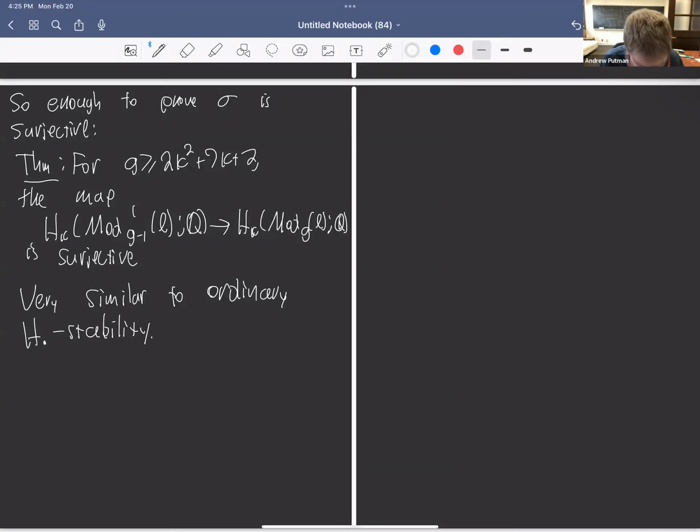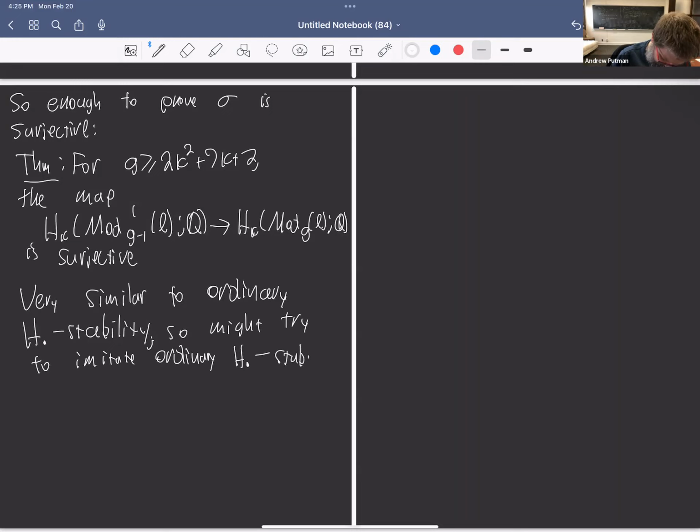So anyway, this is very similar to ordinary homological stability. And so the first idea you might have is let's try to imitate the ordinary H star stability proof.